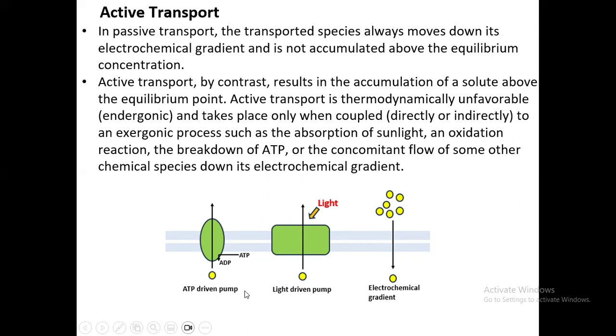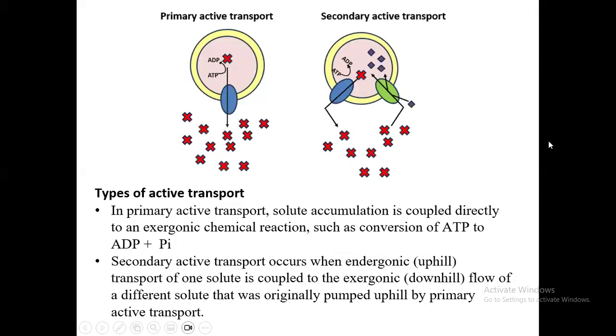So we can either have an ATP driven pump that is going to transport the molecule, or in certain bacteria there are light driven pumps, for example in photosynthetic organisms, that will provide the required energy for transport of molecules against the concentration gradient. Again, active transport can be categorized into primary active transport and secondary active transport.